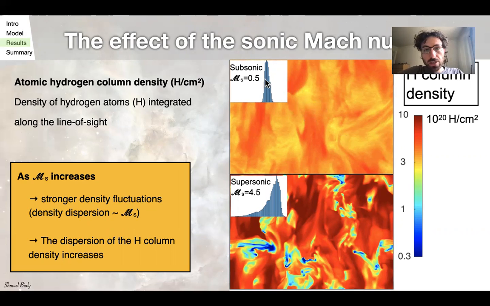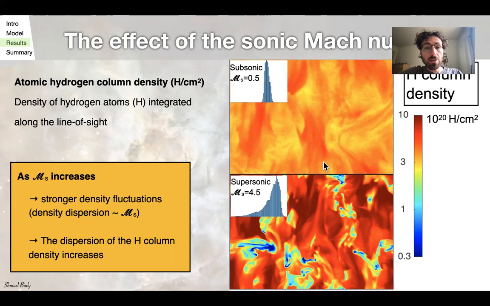And what we see is that for subsonic simulations, the atomic hydrogen probability distribution function is much narrower than for supersonic. And this is understandable because as we increase the sonic Mach number, density fluctuations become stronger. We have a broader PDF for the density field.